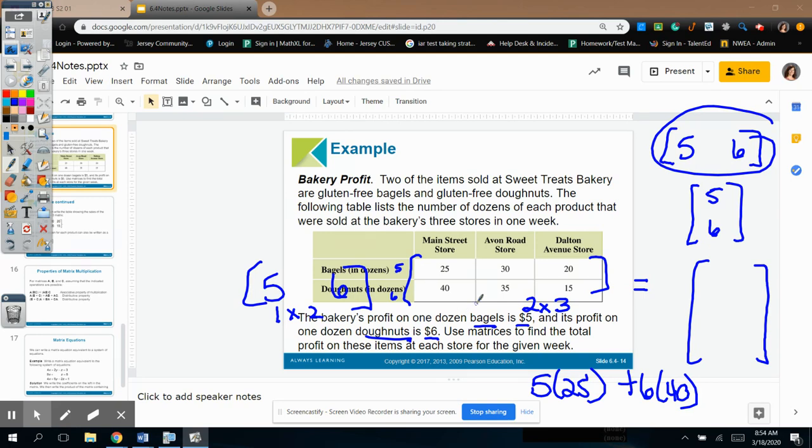That's 365. So that's how much profit the first store brought in. Then in the second spot would be 5 times 30 plus 6 times 35. They made 360 at the Avon Road. And then the last guy doesn't look like he made as much, does it? $190. So then it can keep track of how much profit you made at your different stores.